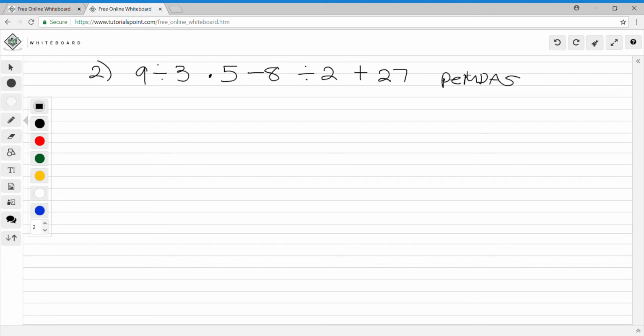Do we have multiplication? Yes. And then we have a division. So we could do division first, then multiplication. It doesn't really matter. So let's do the division first. 9 divided by 3 is 3, and then times 5.